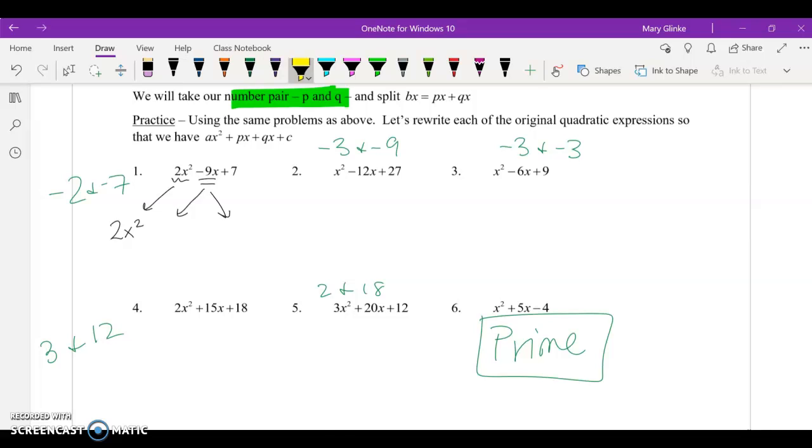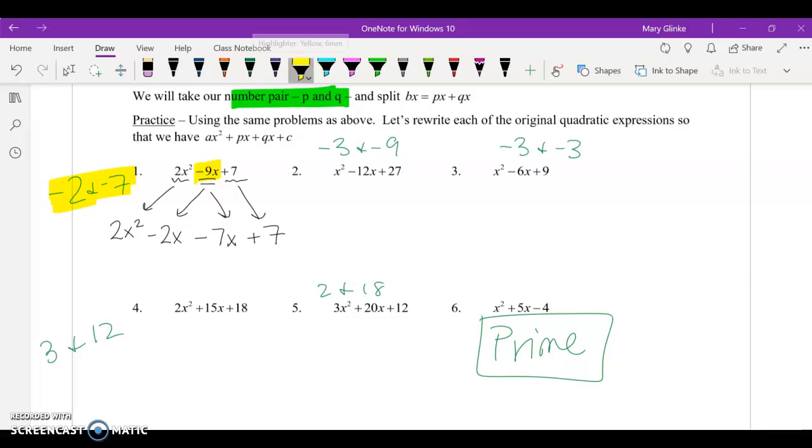You're going to split it using the two numbers that we just found. So the -2, I'm going to write -2x, and the -7, I'm going to write -7x. And then the last term, I'm going to bring that down and write +7.